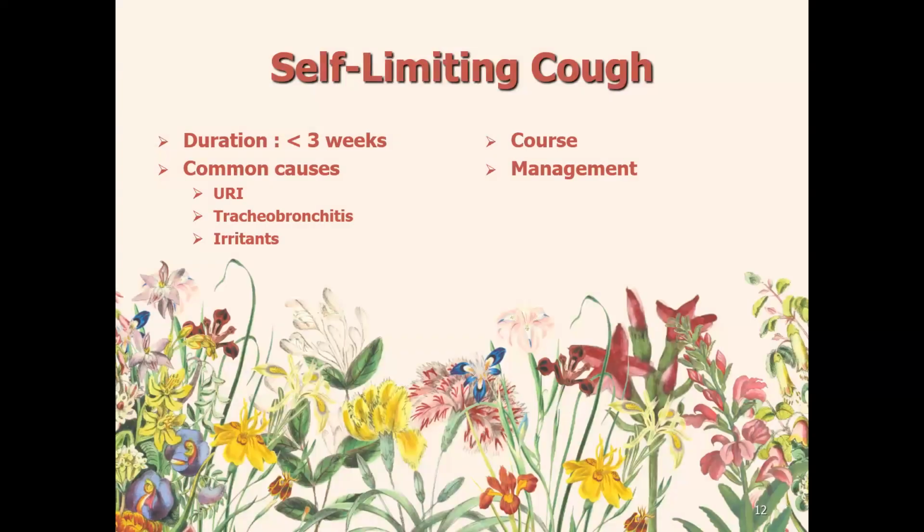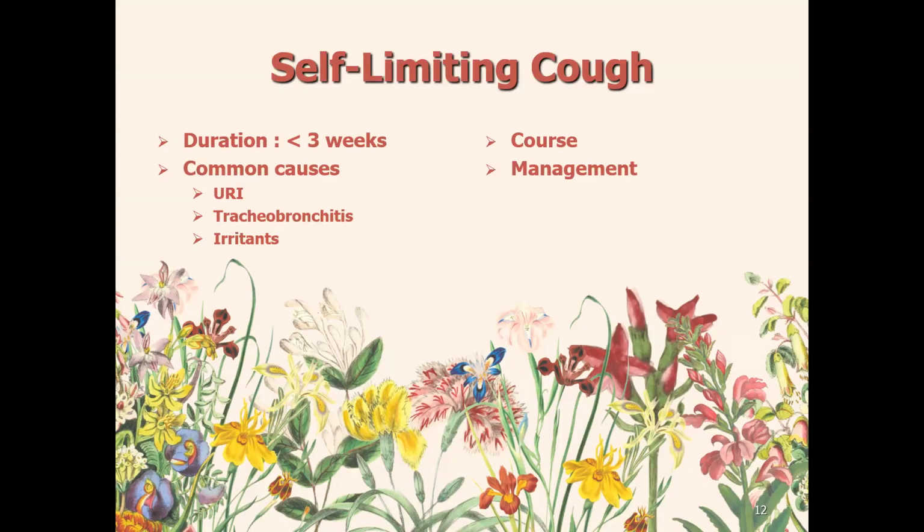A self-limiting cough is a temporary cough that resolves on its own without specific medical treatment once the underlying cause, usually a mild infection or irritation, has run its course. Typically, they last less than 3 weeks. Some common causes are viral upper respiratory infections, such as rhinovirus, coronavirus, or influenza. Could be bacterial, perhaps pertussis or mycoplasma pneumonia.